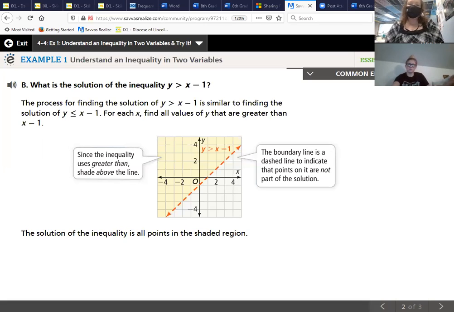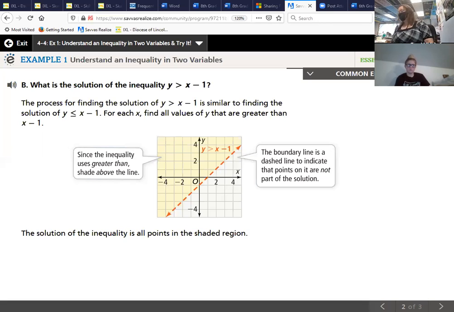Okay, and then if the inequality is greater than or equal to, you shade above the line. If the inequality is less than or equal to, you shade below the line.